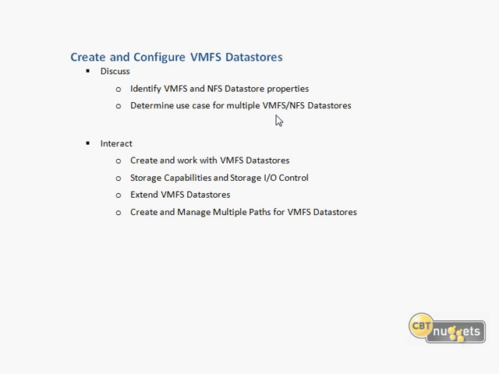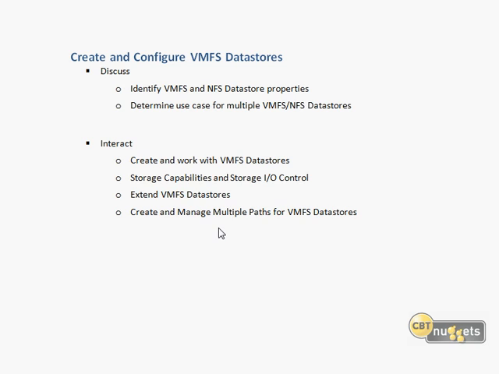Now, all of this aside, what you're interested in today is understanding how you will actually go about creating and working with those data stores. That's really the topic for the bottom section, where we're going to interact with our ESX environment. We're going to create a VMFS data store out of the iSCSI connection that we created in the last nugget.